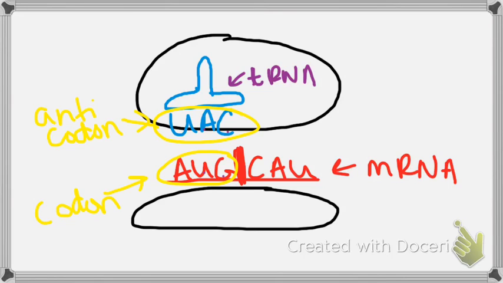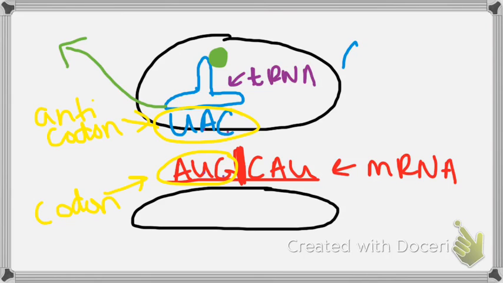Up here at the top, this is where it's carrying its little amino acid, which in this case happens to be methionine because it's our start codon. So this tRNA comes in, matches its codon, and then it heads on out, but it leaves its amino acid here. As our next tRNA comes in, it's going to be carrying a different amino acid.